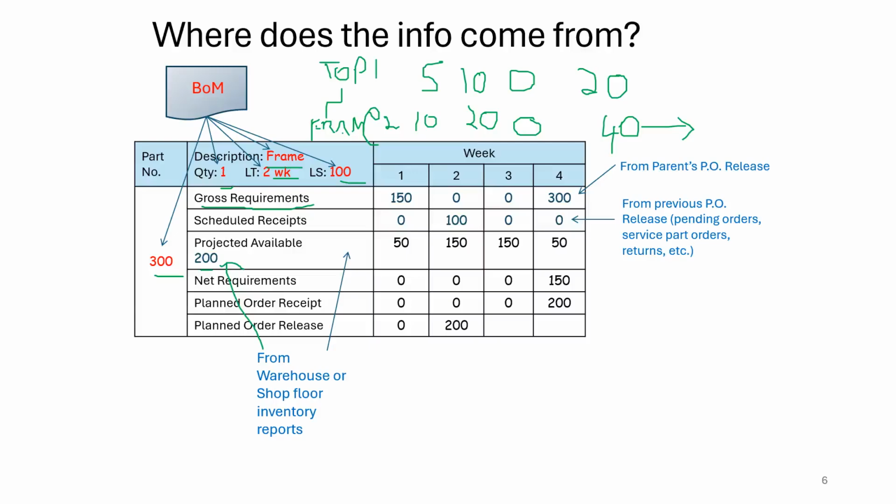So this is just a simple example, but the gross requirement for each individual part or individual subassembly in the MRP system is tied up to the requirements of the parent floor based on which it is built off. So that is a key concept governing the gross requirements in the MRP.